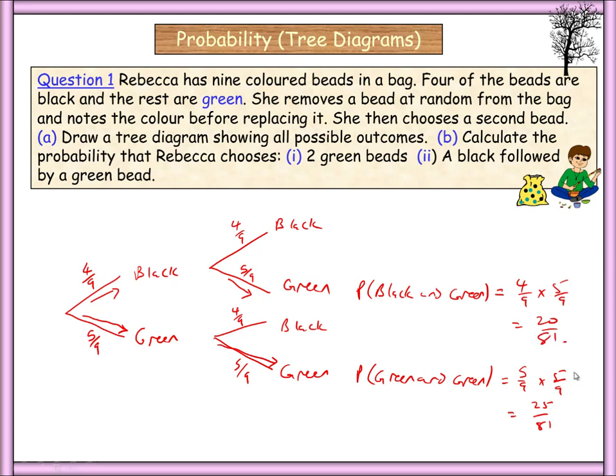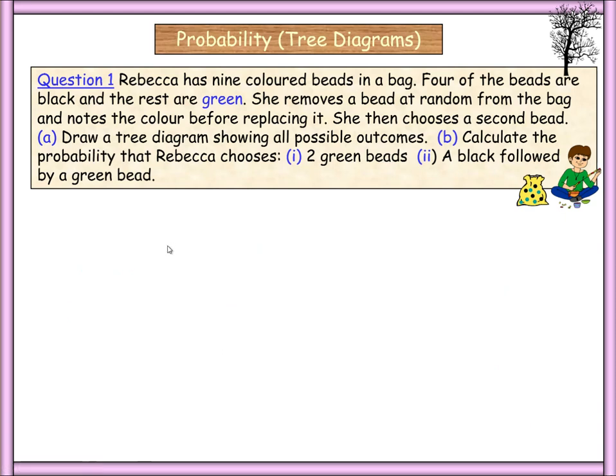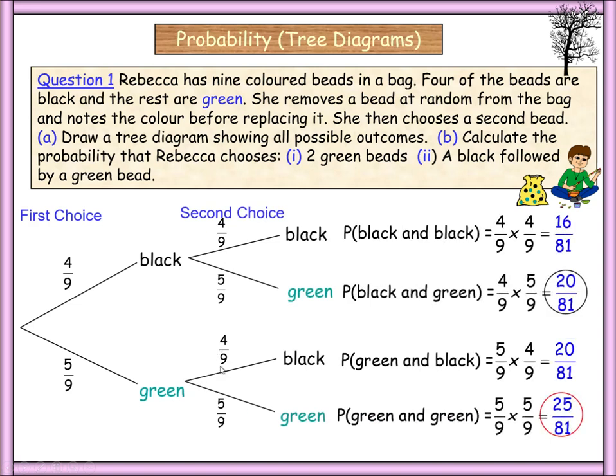Good. Hopefully you got those answers. And if we fill in the entire probability, then you can see all the other probabilities there. There's your green and green, which we've just done, and there's your black and green, which we've also just done. Good.